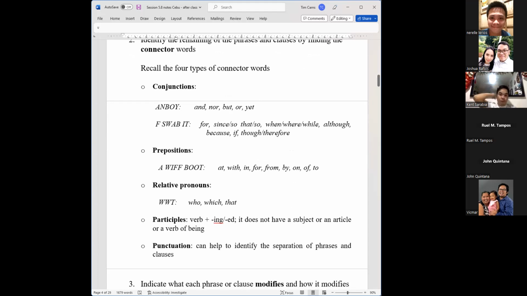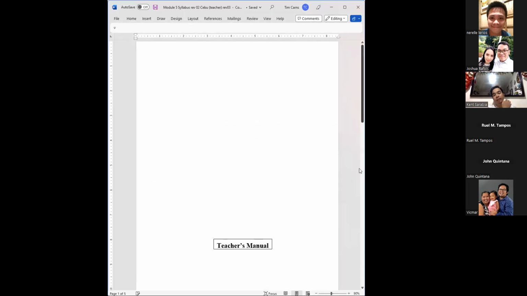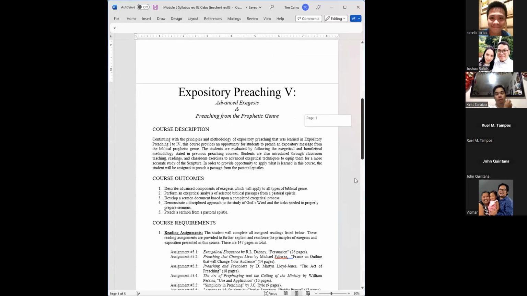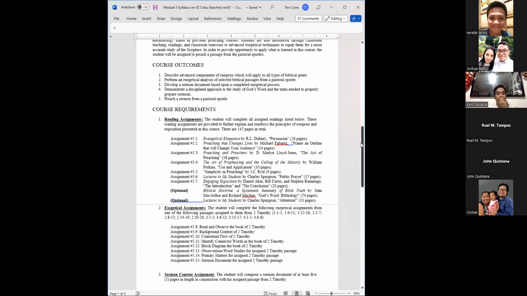I mentioned in the syllabus you can find more details about that. In fact, the syllabus that I handed out to you guys when we met together in October, I was going to open that real quick to show you the section where we can find it. There it is. Okay, so this was the one that I gave to you guys in class, I believe.